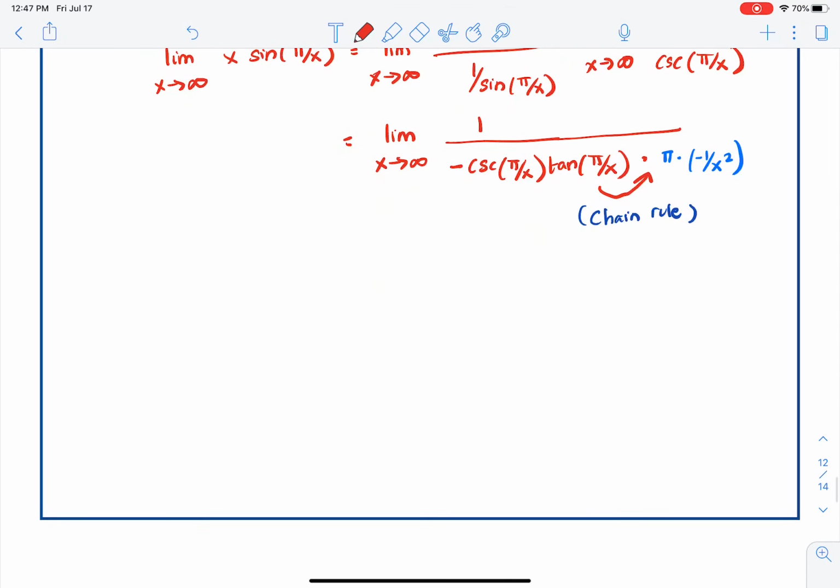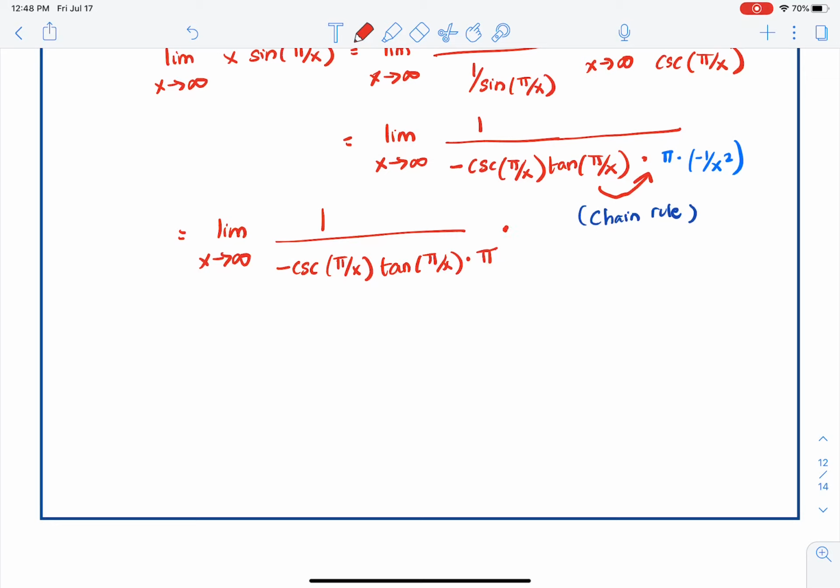So what we have here is limit x approaches infinity, 1 over negative cosecant pi over x, tangent pi over x, multiplied by pi times negative 1 over x squared. So we have a fraction in the denominator.